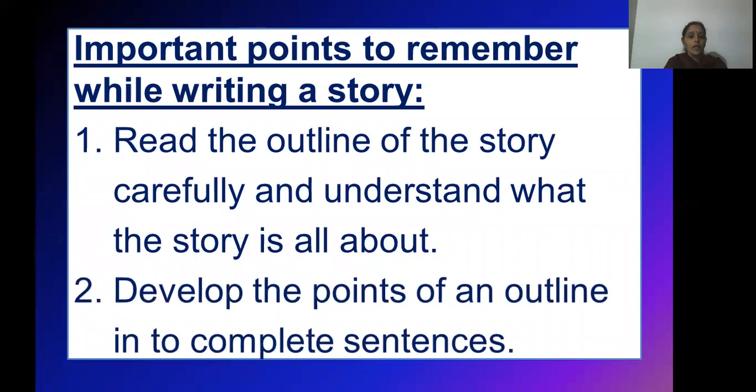Develop the points of an outline into complete sentences. When you read the outline, take note of who the characters are, what the sequences are, and what events are happening. Then develop the points of the outline into complete sentences.